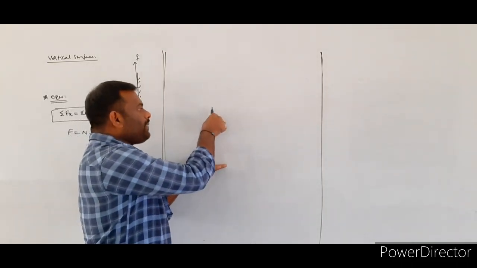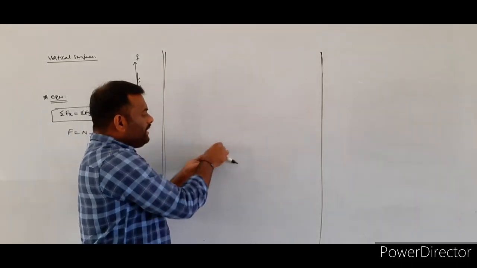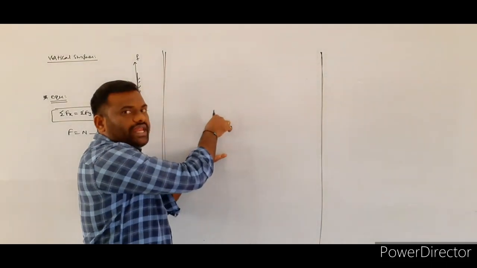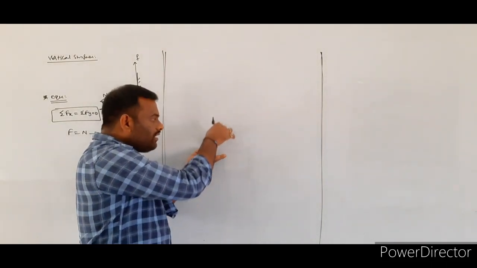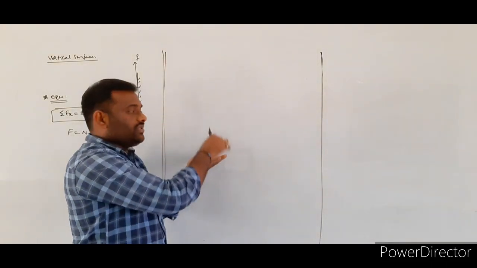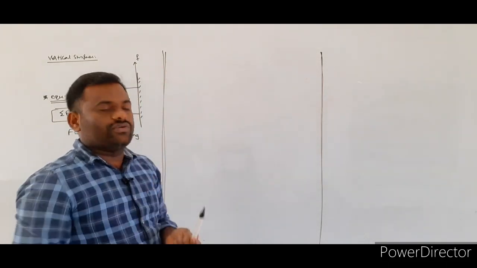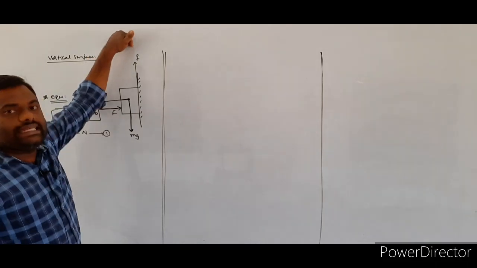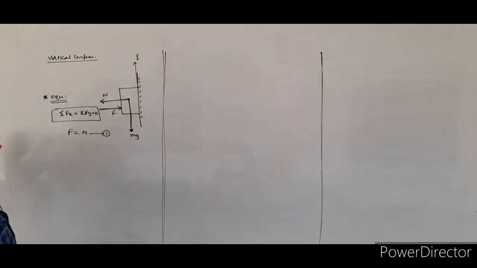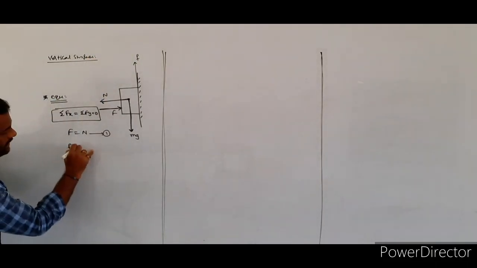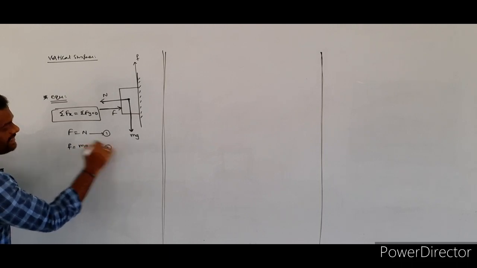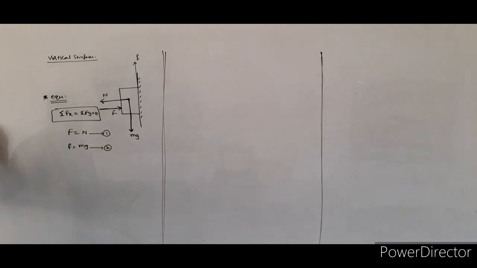If you remove the applied force, the body will be moving in the downward direction. So that downward motion will be opposed by the frictional force. That's why the frictional force will be acting in the upward direction, so that the frictional force will be balancing the weight of the block.